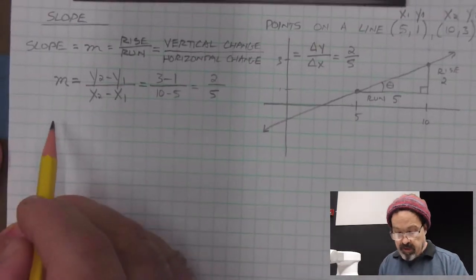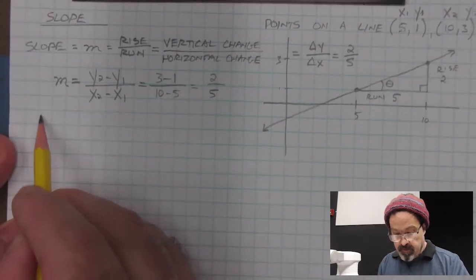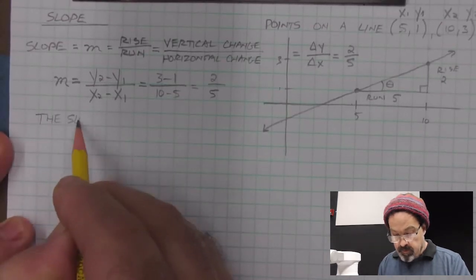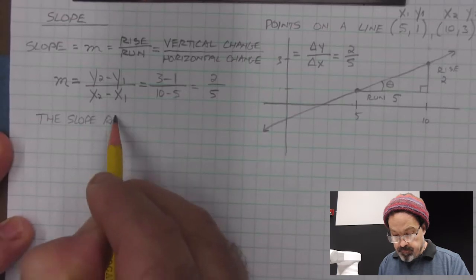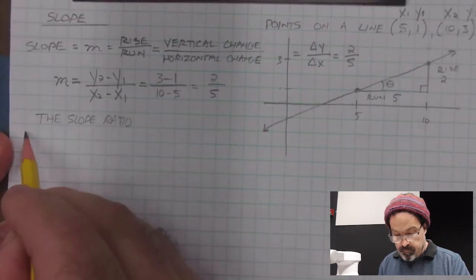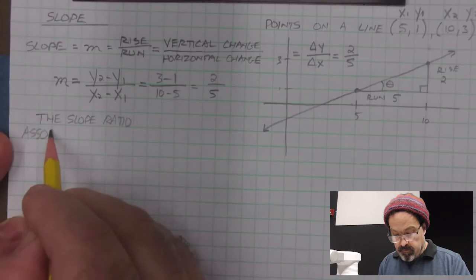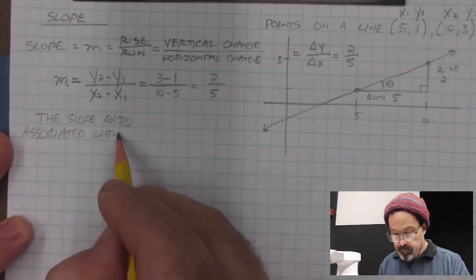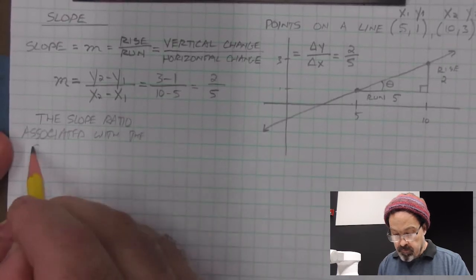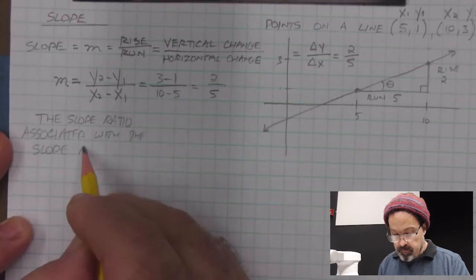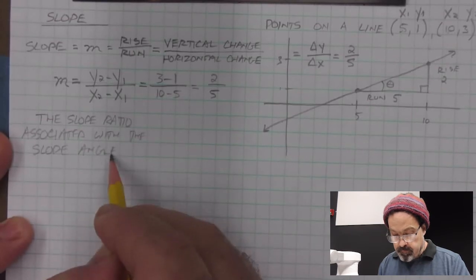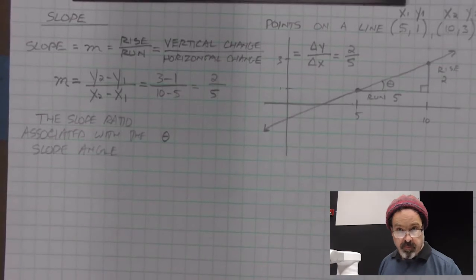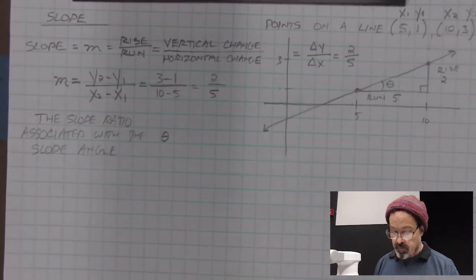We have a way of relating these concepts, and I'm going to spell it out. We could say the slope ratio associated with the slope angle theta. This is an odd way of spelling it out, but you'll see why I'm organizing it this way in a moment.